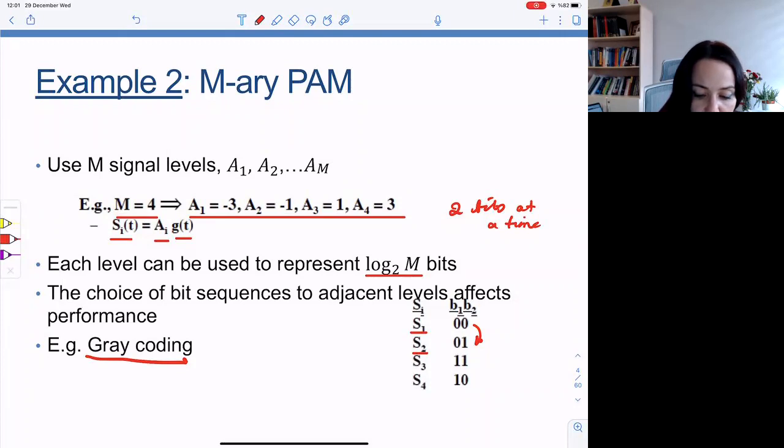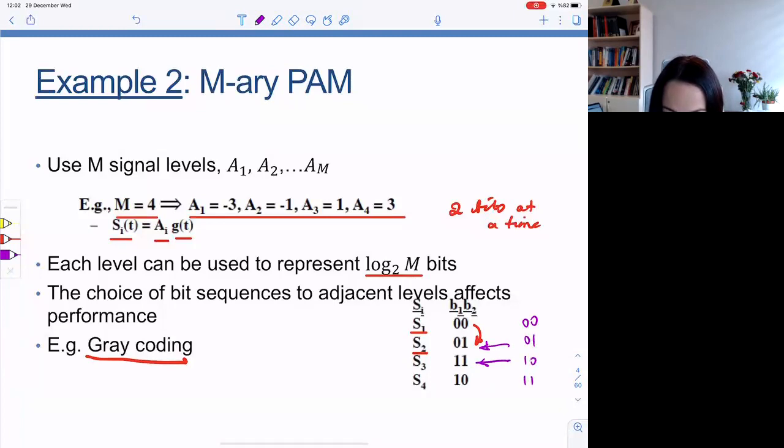So whereas A2 was transmitted, we detect A3. How many bits will be in error? 1 bit. So that's the benefit of using Gray coding. If you use natural binary coding, then it would be 0 0, 0 1, 1 0, 1 1. From level 2 to level 3, 2 bits would be in error, which is bad.